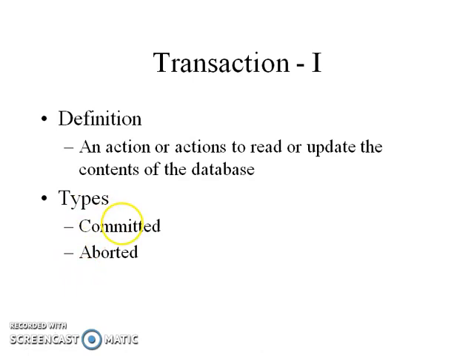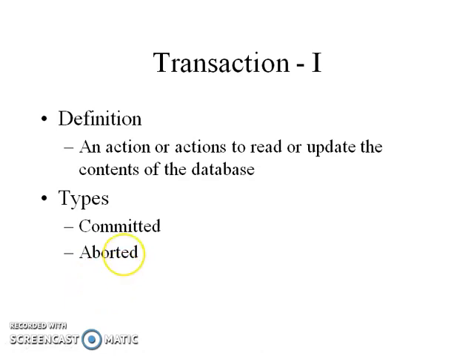On the other hand, if the transaction does not execute successfully, the transaction is aborted, that is, cancelled. If a transaction is aborted, the database must be restored to the consistent state it was in before the transaction started. Such a transaction is called rolled back or undone.